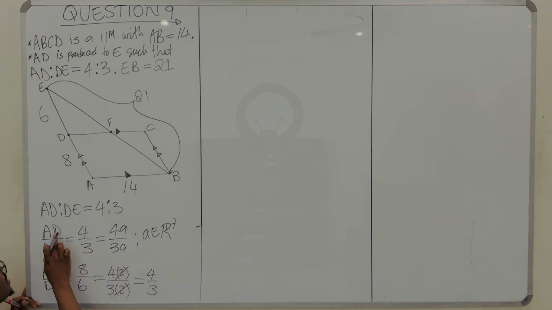So when I'm saying the lengths of AD to DE are 4a over 3a, that a is whatever number was multiplying 4 before it was simplified to just 4/3. So this 2 is my a in that case. This 2 that you can see here and there is that a that you can see over there.